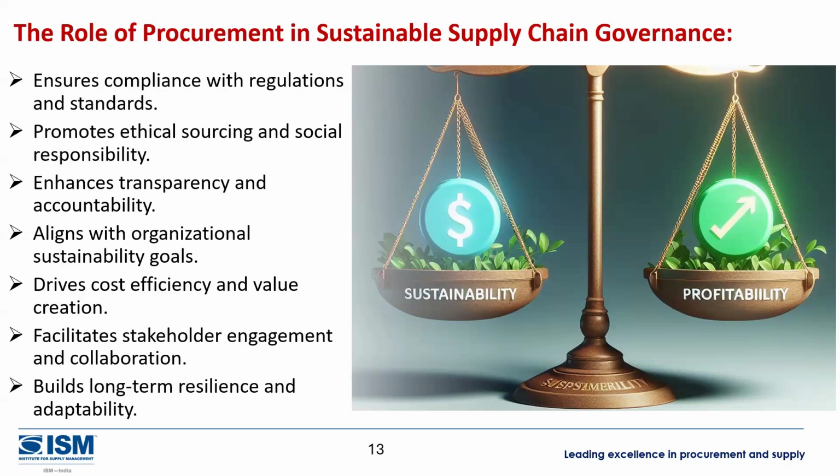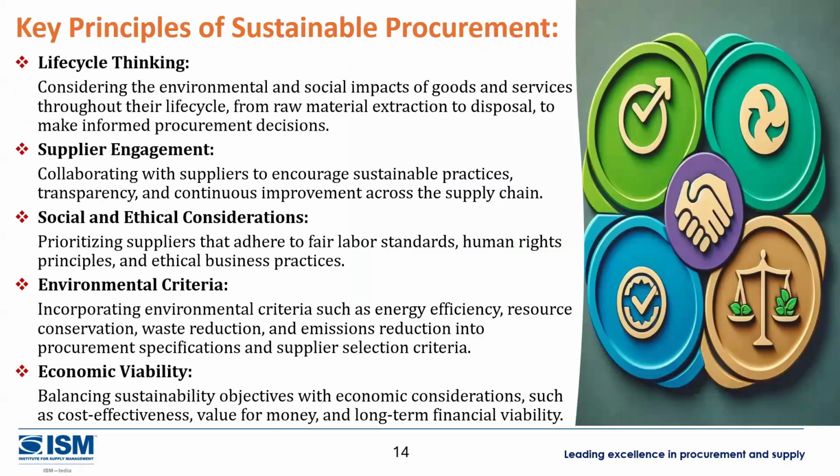Many of the points that we have discussed right now, ensuring compliance with regulation standards, ethical sourcing, organizational goals, these examples we have already given before starting, while discussing other slides. So I am not particularly sharing examples out here, but I hope you are getting the point of what we are looking for as a role of procurement in sustainable supply chain governance.